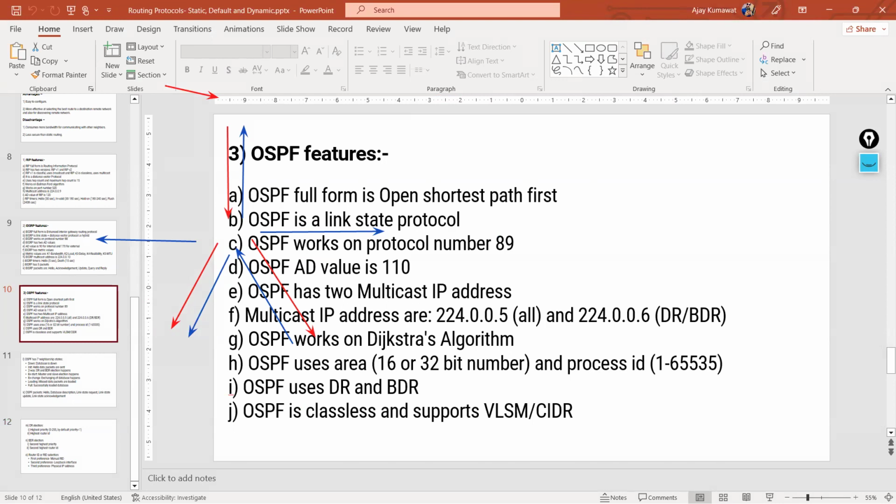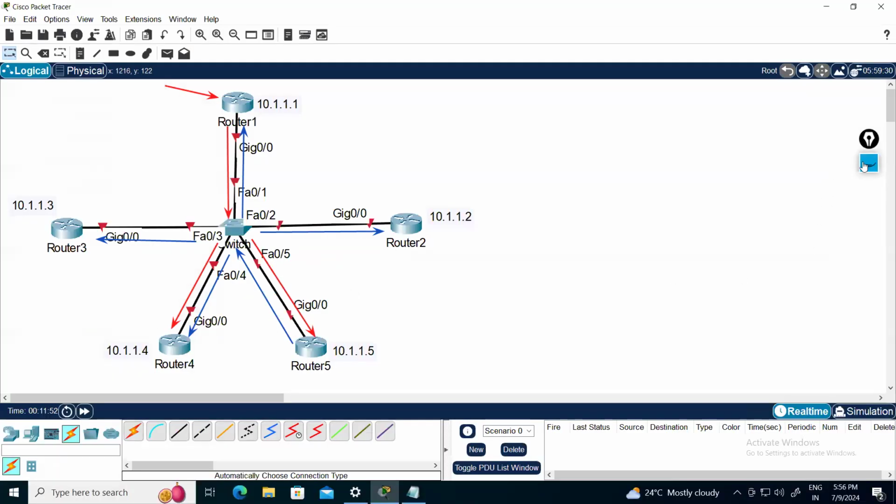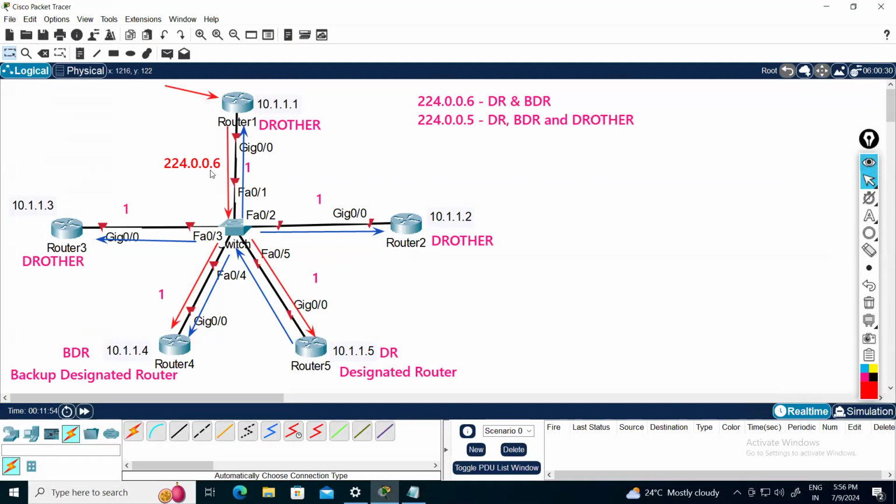Same thing is here. With 224.0.0.6, information will go only to the DR and BDR. And when the DR shares the information, it will use the address 224.0.0.5. This is the address your DR is going to use. So this information will go to everybody. This is clear.